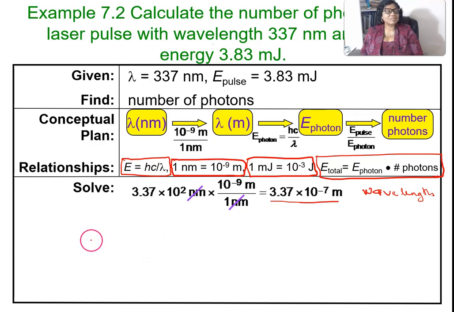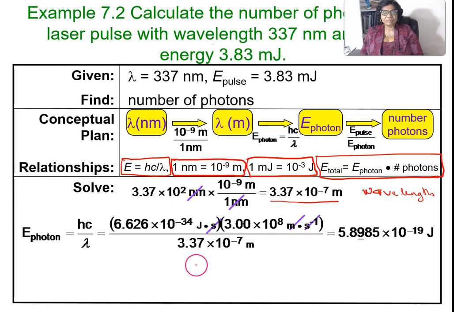So from the wavelength, we have it now in meters. Let's find the energy of the photon. So our E photon is Planck's constant times the speed of light in a vacuum all over the wavelength. So with this calculation, we can get the energy of the photon.